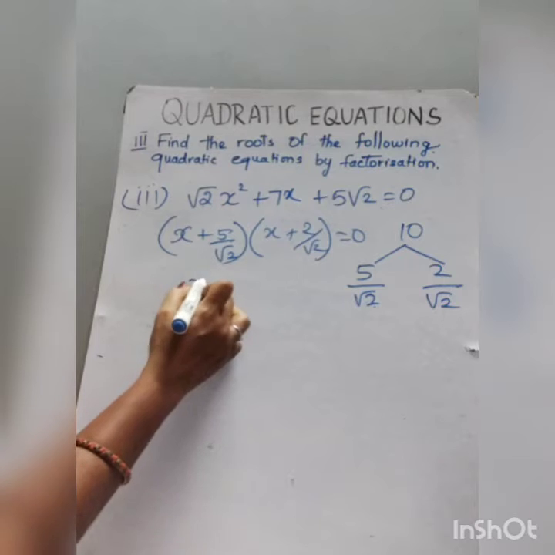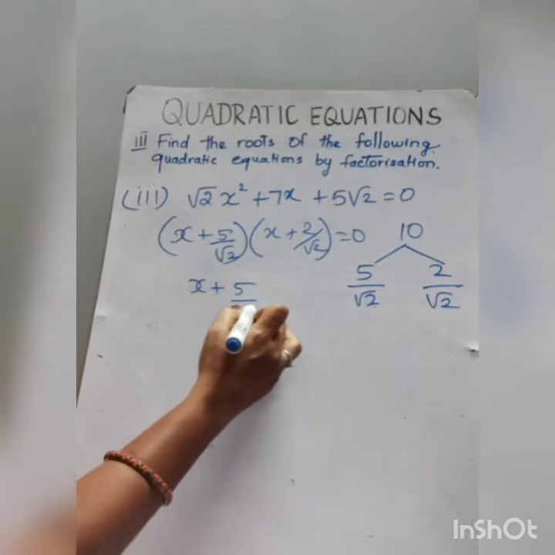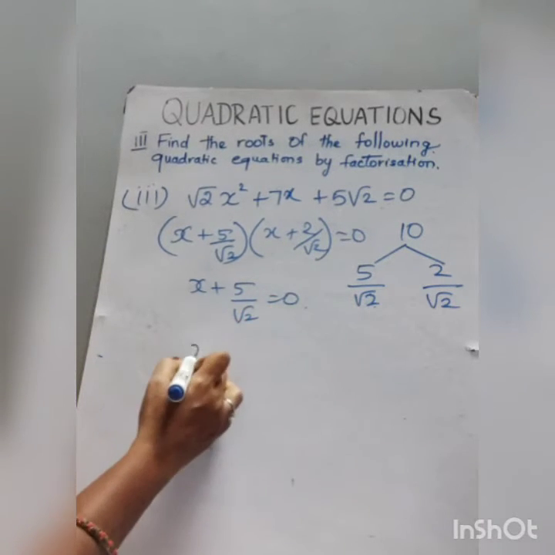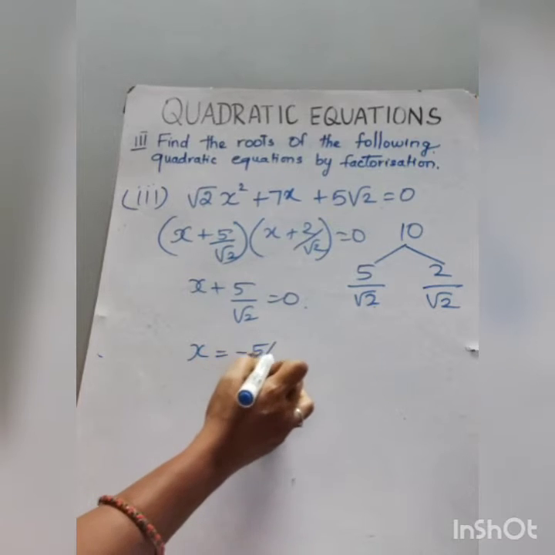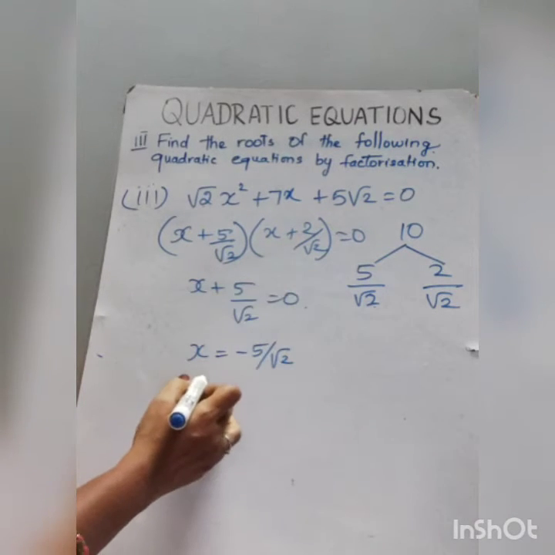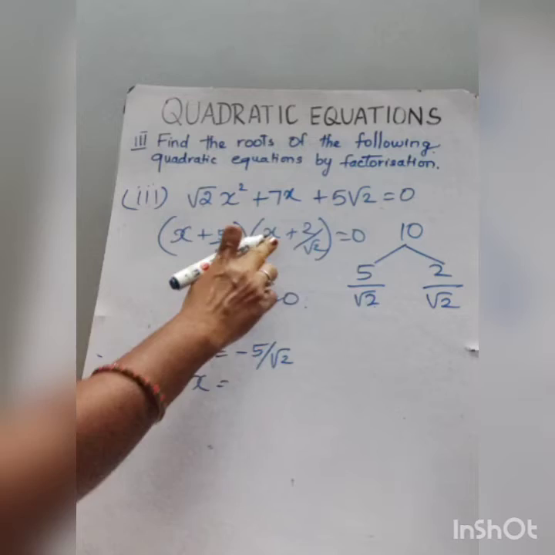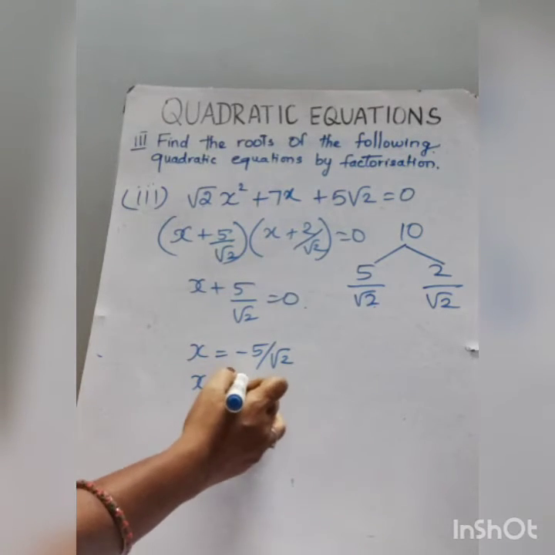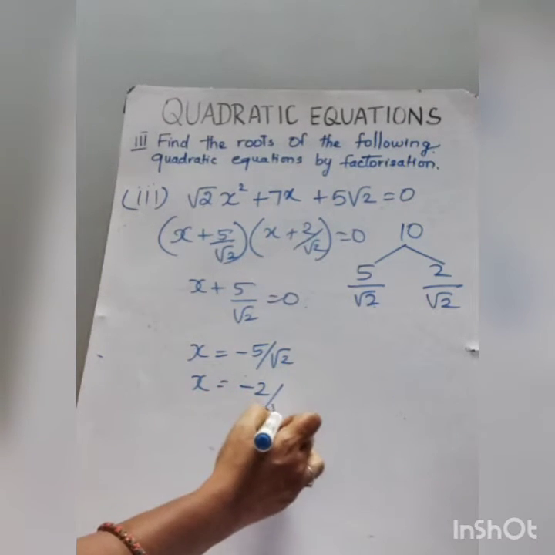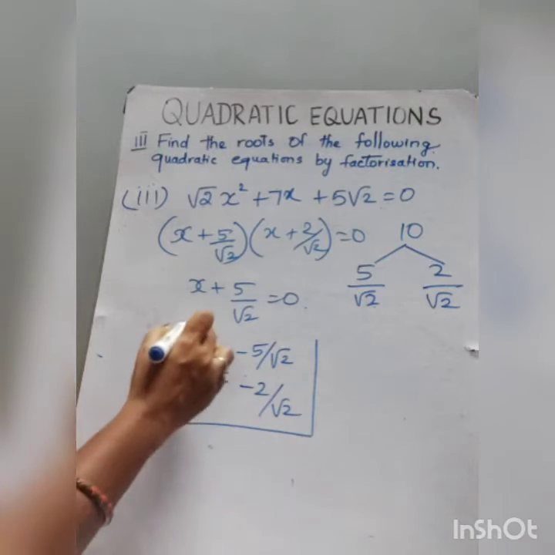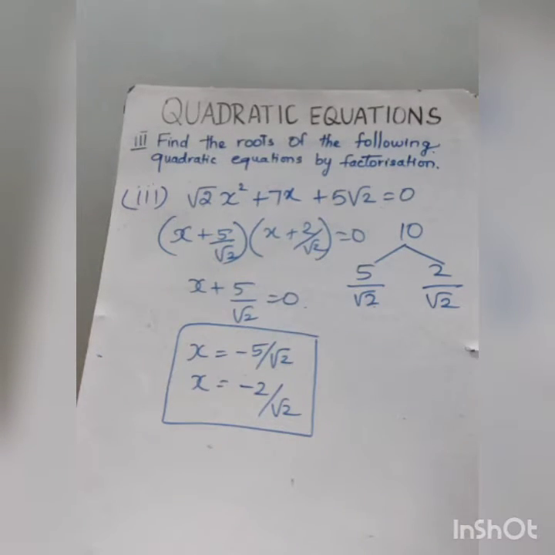When I equate x plus 5 by root 2 as 0, I will get x is equal to minus 5 by root 2. Similarly, the other factor, if I equate this to 0, I will get x is equal to minus 2 by root 2. These are the required roots for this equation.